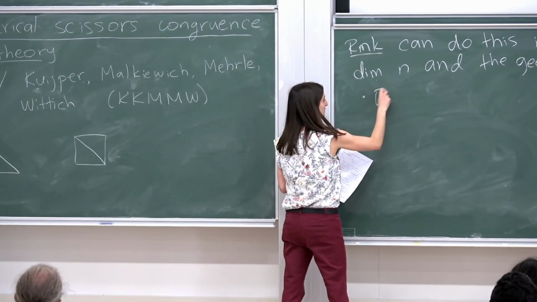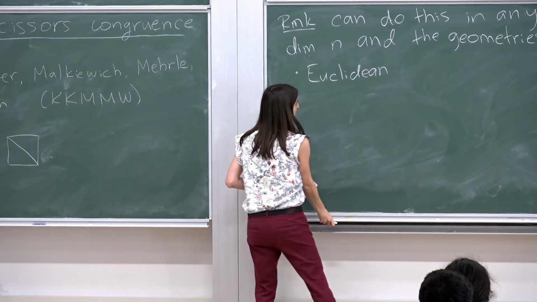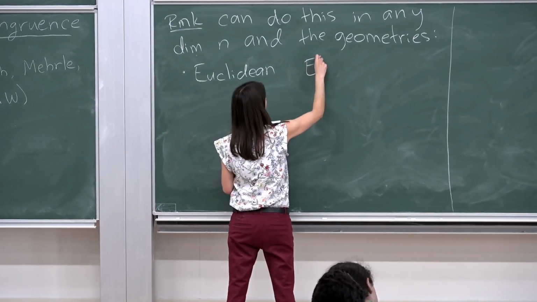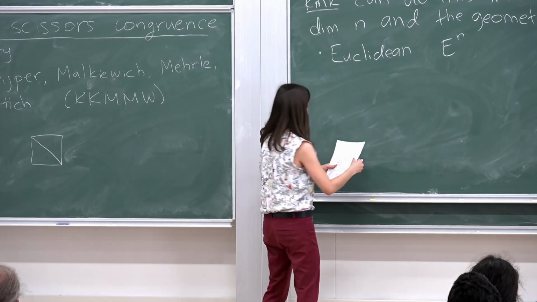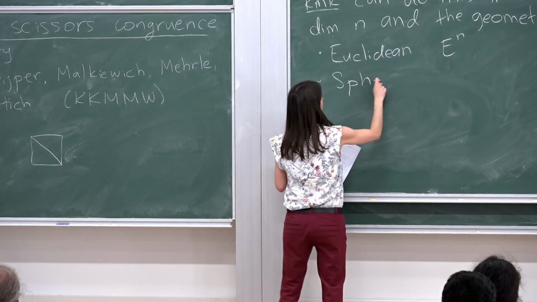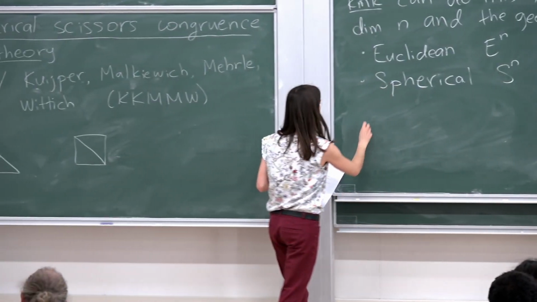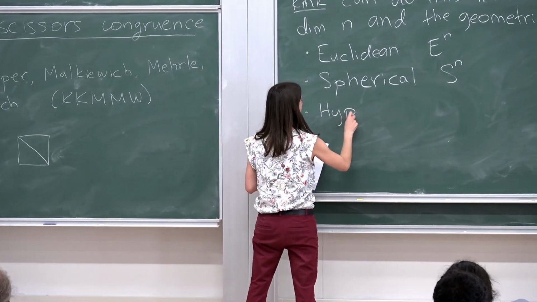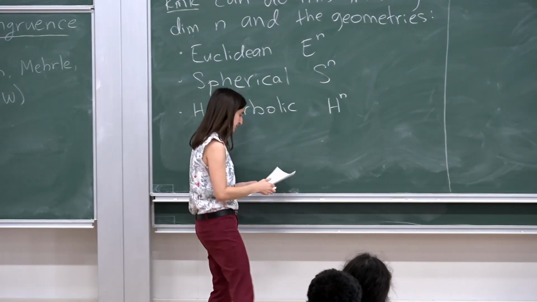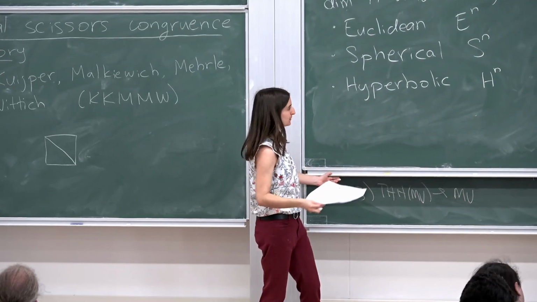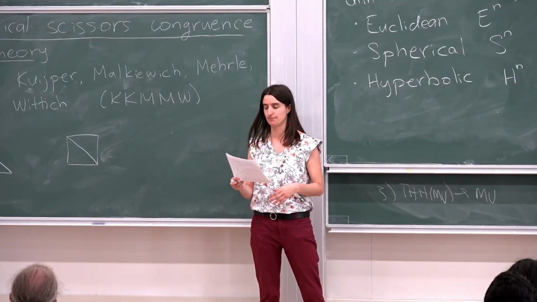The most familiar one is Euclidean geometry, so I'll call n-dimensional Euclidean space En. There is also spherical geometry, Sn, and hyperbolic geometry, Hn. You can talk about polytopes and isometries and scissors congruences in all of those geometries.